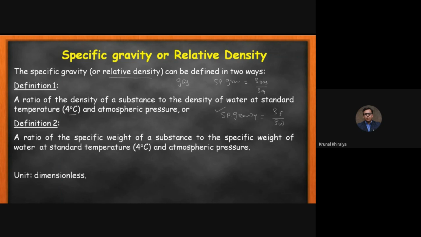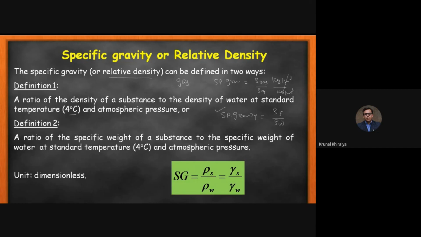Clear? So it is dimensionless, because the unit of density of any fluid is kg per meter cube, and we have the same, kg per meter cube. So it cancels out and we get a dimensionless quantity for specific gravity, which is indicated by SG.